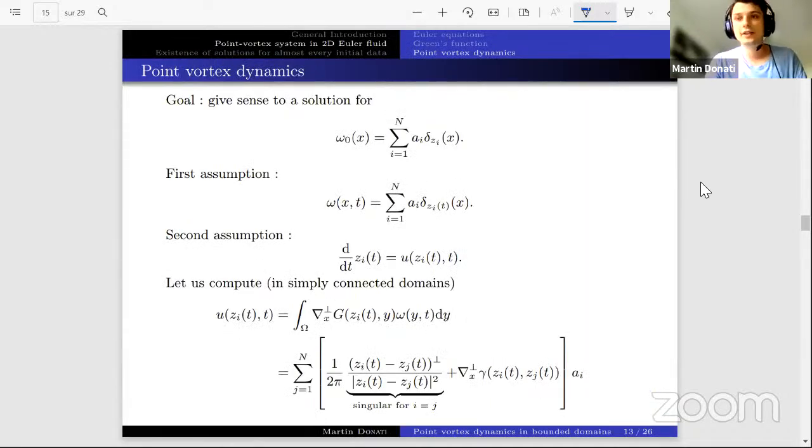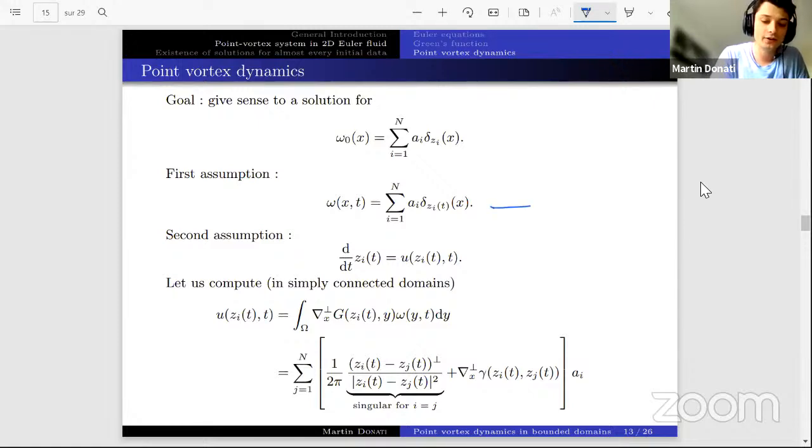So the point vortex dynamics, its goal is to give sense to a solution when the initial vorticity is a sum of Dirac masses. The Euler equation has no sense when we take such initial data, so we try to give sense to that. The first assumption is that since the vorticity is transported by the velocity, we expect the sum of Dirac masses to remain a sum of Dirac masses.